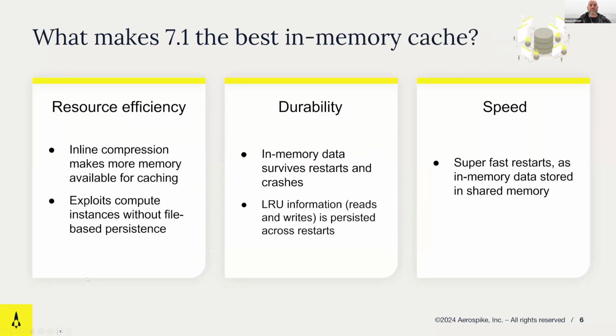Now, the other thing here is that you can actually do an in-memory cache with no disk at all. Because if you think about it, I don't need to load anything from the disk when I'm restarting the database here. So when I restart ASD, the Aerospike daemon, like I said, fast restart here for the data that's sitting in memory, shared memory, the primary index, shared memory storage as well.